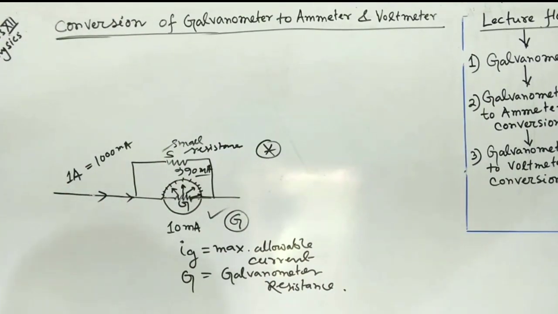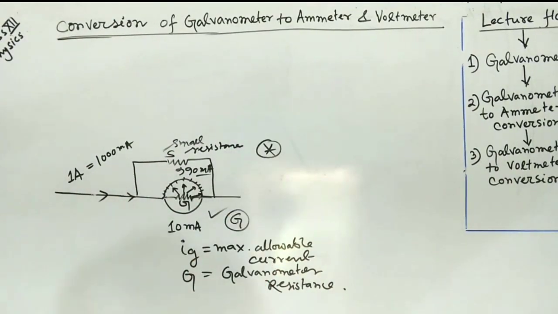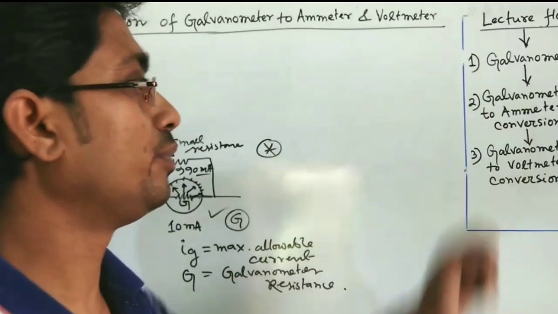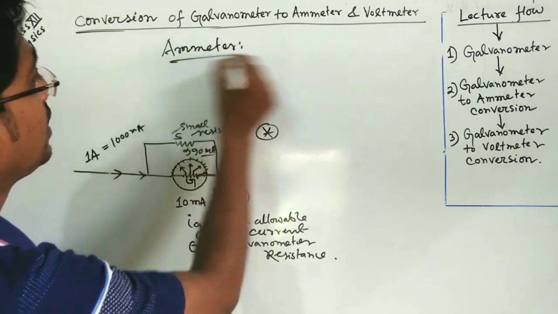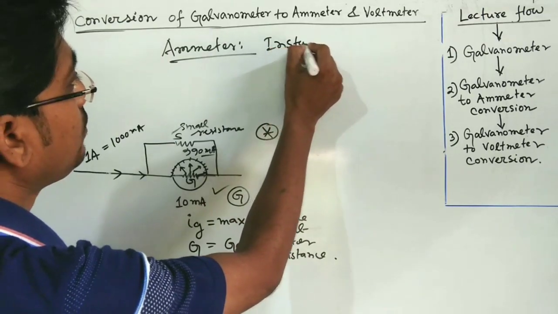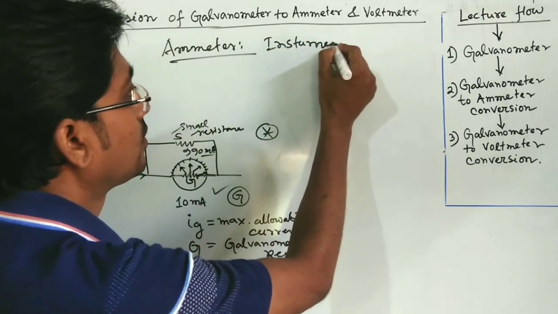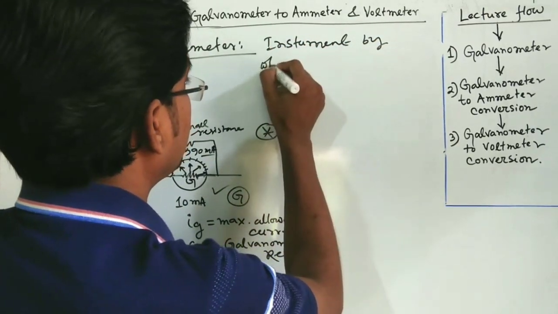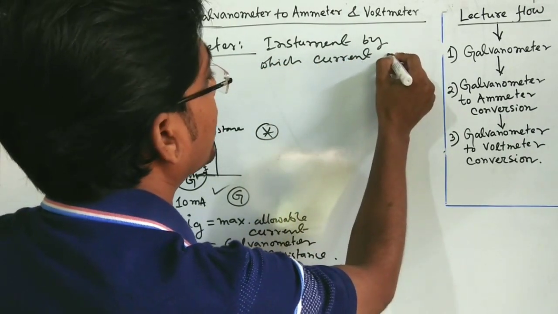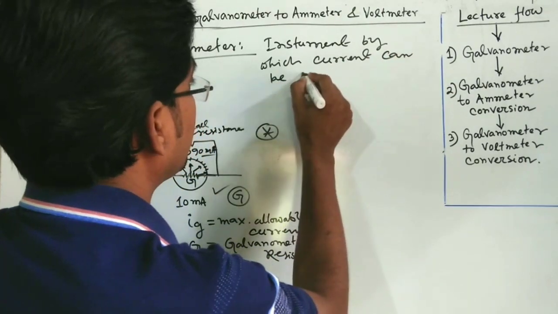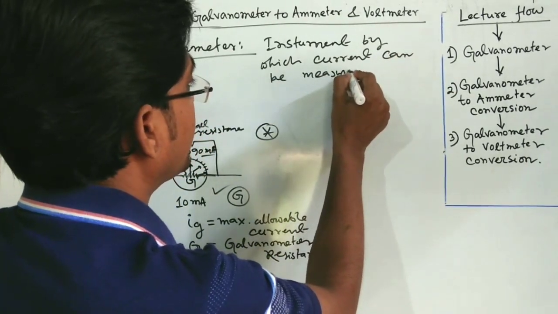Okay, so now we'll go to the next part, that is the galvanometer to ammeter conversion. An ammeter is nothing but an electrical instrument by which current in the circuit can be measured.